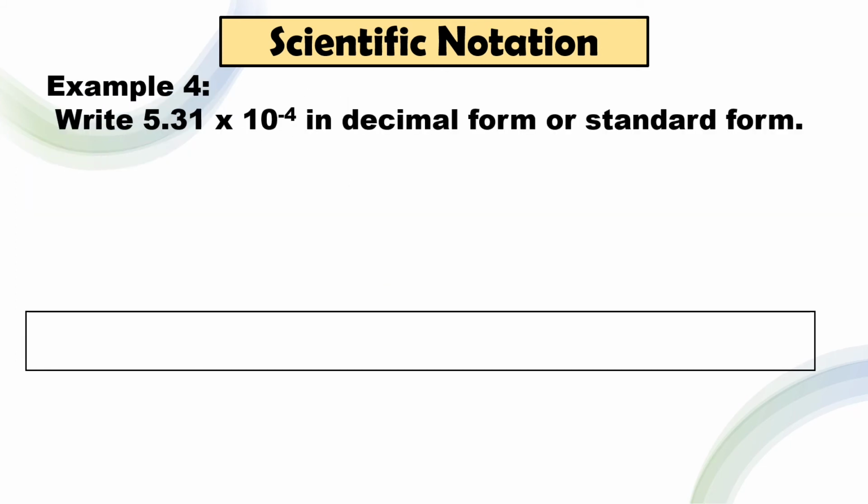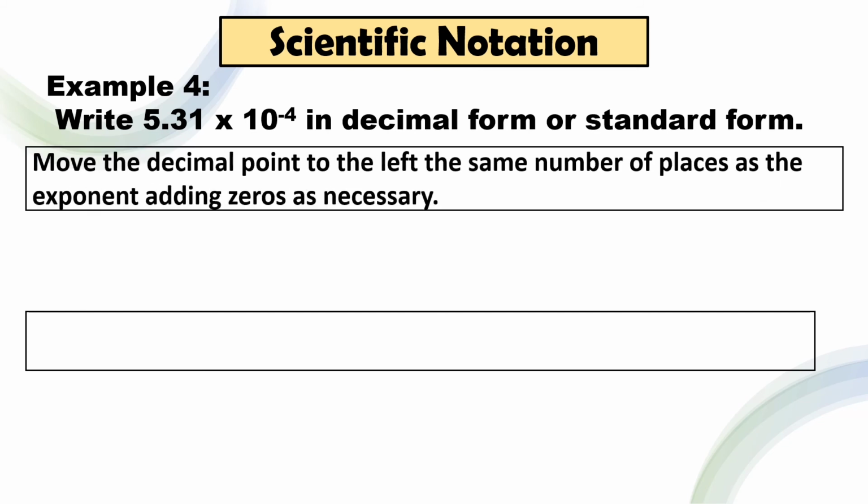Okay, so now let us have example 4. Write 5.31 times 10 raised to negative 4 in decimal form or standard form. So, paano natin i-change ang scientific notation into a decimal form or a standard form if we have negative sign on the exponent?